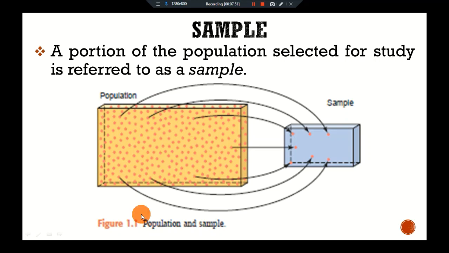So the population covers the whole target population of interest, and from this some of the individuals or some of the items are selected, and we make the decision on the basis of this sample.